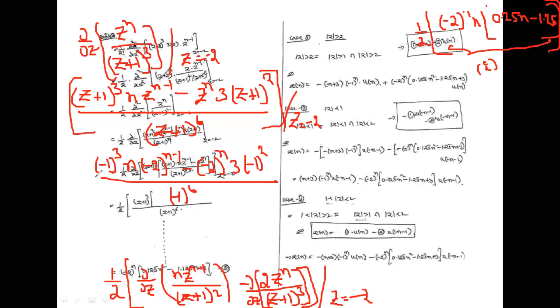And before that there is a minus, my dear students. For this function there is a minus; the total function is multiplied by minus. Minus 1 whole power 6 becomes a positive value.